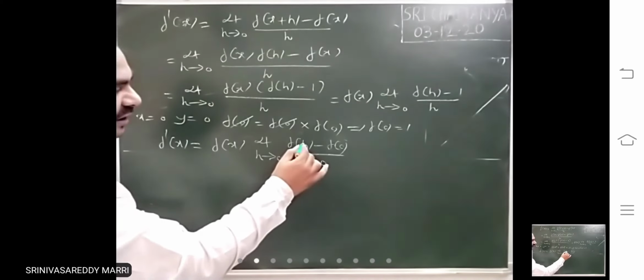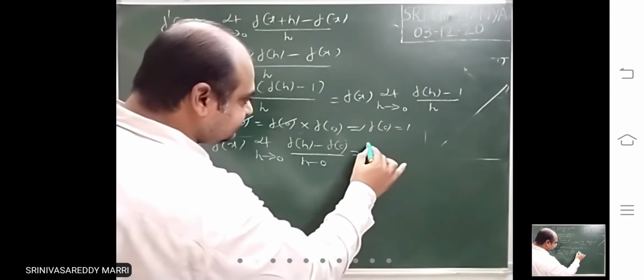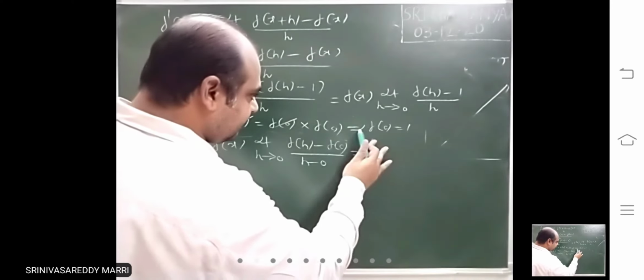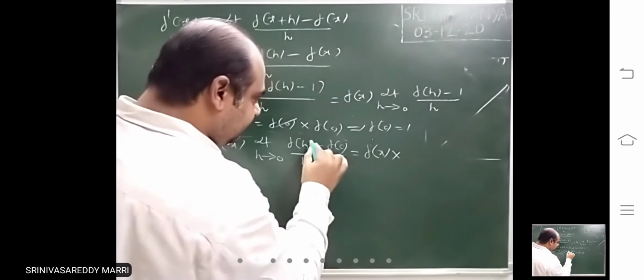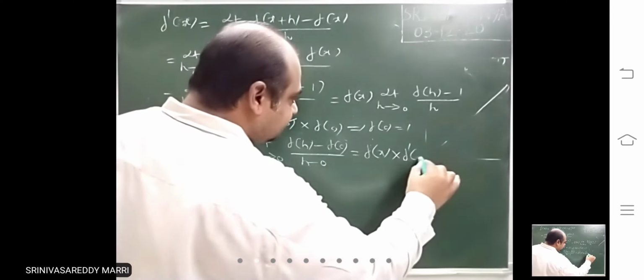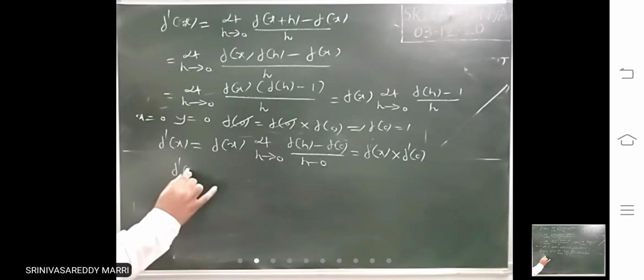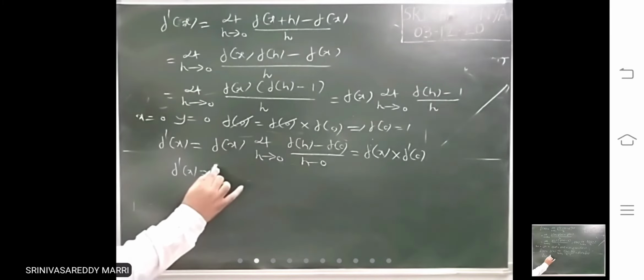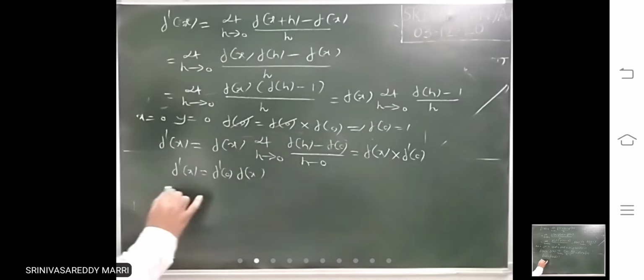What I told: f of x minus f of a divided by x minus a. That is nothing but f dash 0. So the derivative is nothing but f dash 0 into f of x.